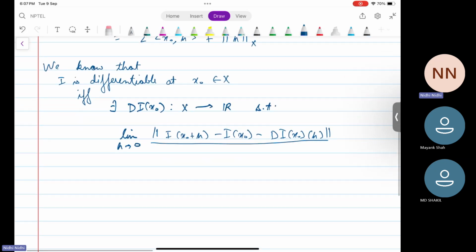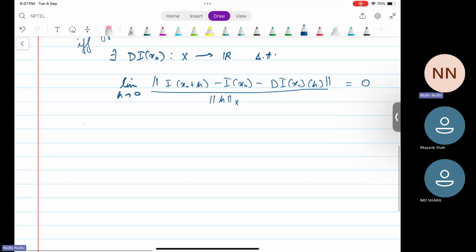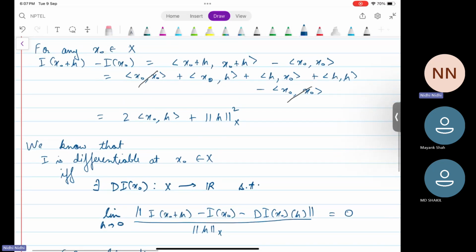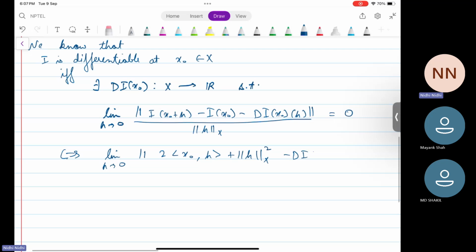So this function I will be differentiable at some x naught if and only if this limit is equal to 0. And this happens if and only if the limit as h tends to 0, because we have evaluated I of x naught plus h minus I of x naught, of 2 times the inner product of x naught and h plus norm h squared minus dI x naught h, divided by norm h, is equal to 0.